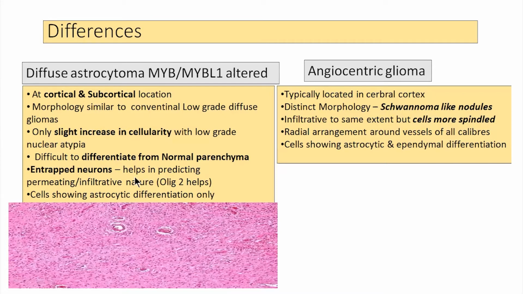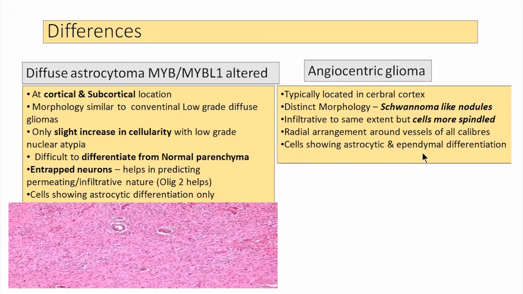In those cases we can highlight the infiltrative nature with the help of OLIG2, or neuronal markers or synaptophysin, where the entrapped neurons or entrapped oligodendrocytes will be highlighted. Only then can we know that it's an infiltrative glioma.